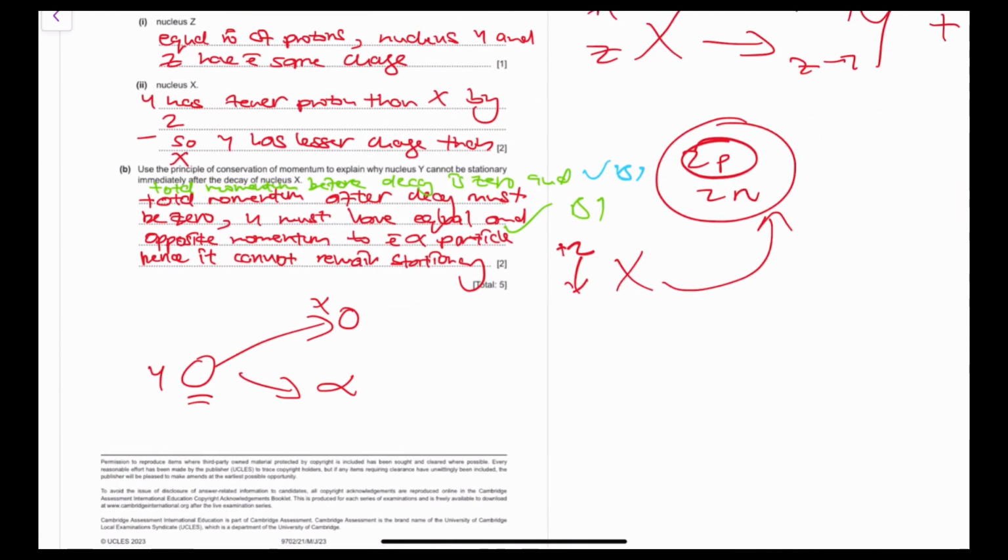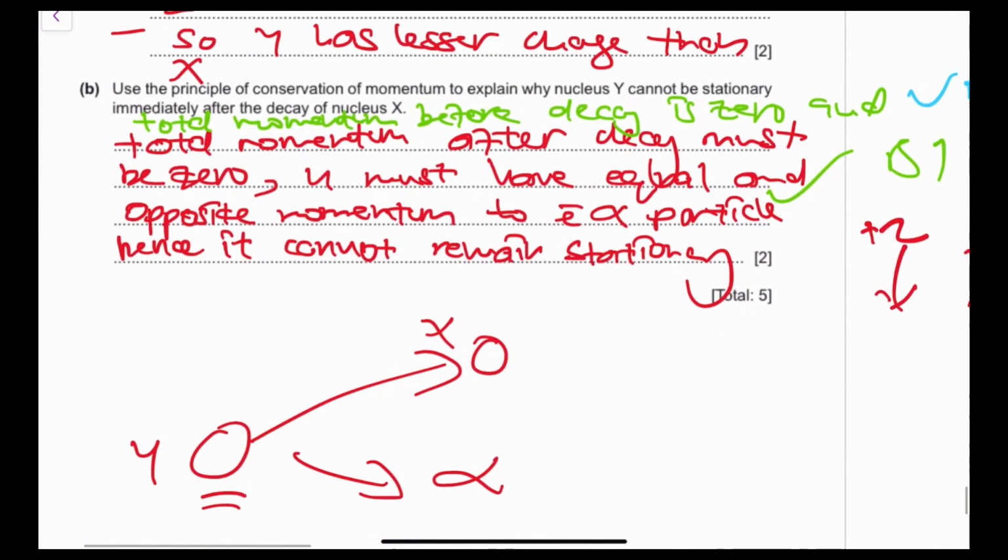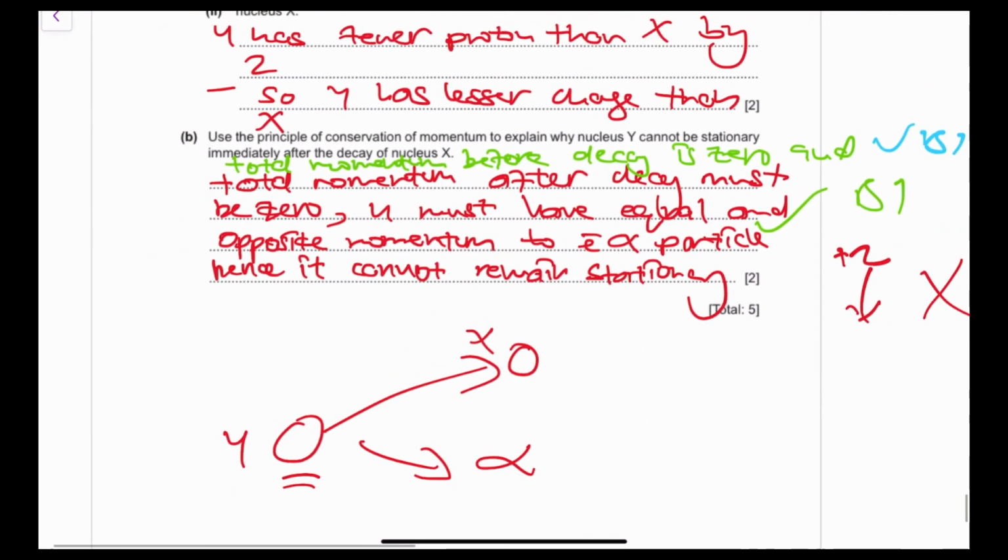So the total momentum after decay must be 0. If the alpha particle moves in a certain direction, Y cannot remain stationary. It has to have an equal and opposite momentum to that alpha particle, so that the momentum is the same before as well as after the decay.